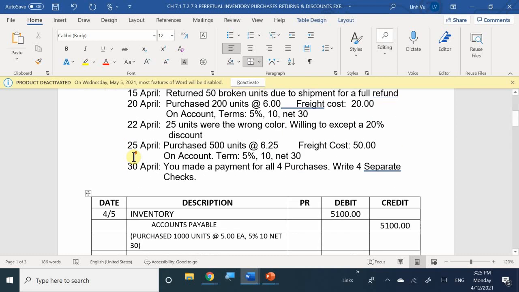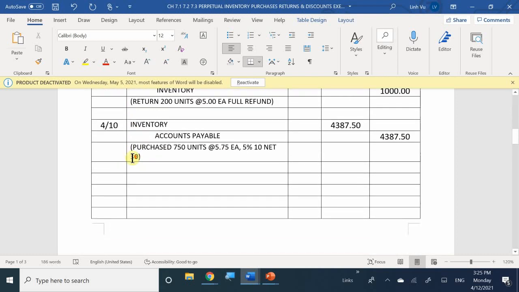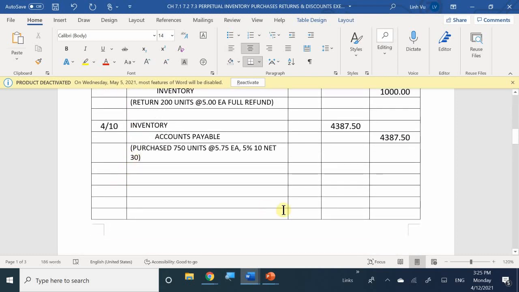So, how am I going to journalize this? Accounts payable. It was 50 units times the $5.75, which is 287.50.